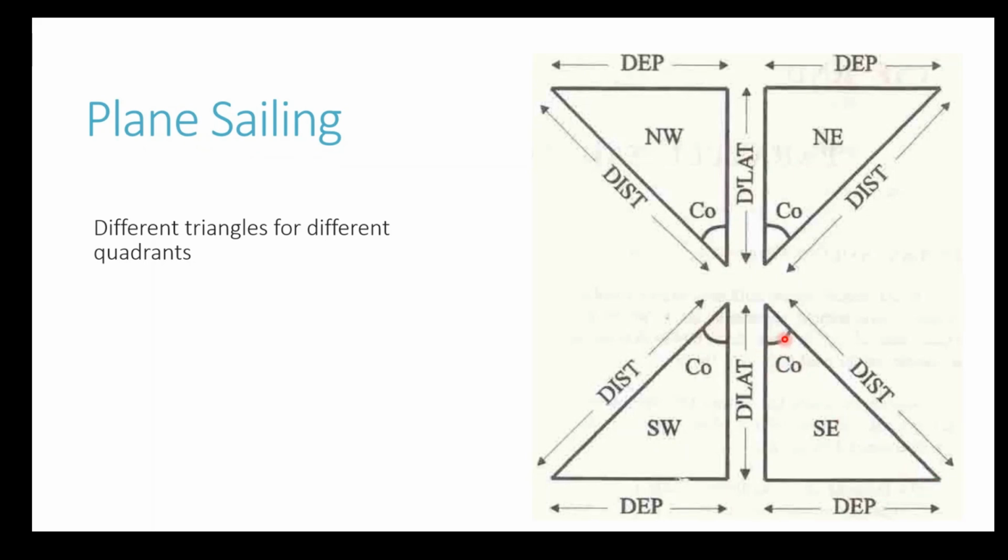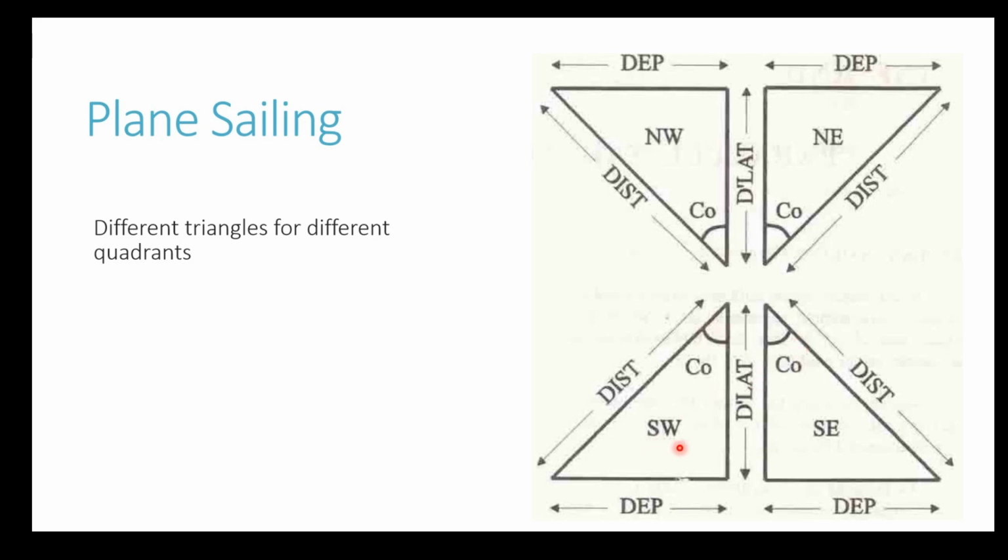Now, if you look at the course angle, which is this particular angle here, it becomes clear to you that the course which we should be using in this sailing is the quadrantal course. So you see the course or the angle is measured with reference to south direction. This is the angle between the south direction and the ship's head. So this is the quadrantal course, south so many degrees east.